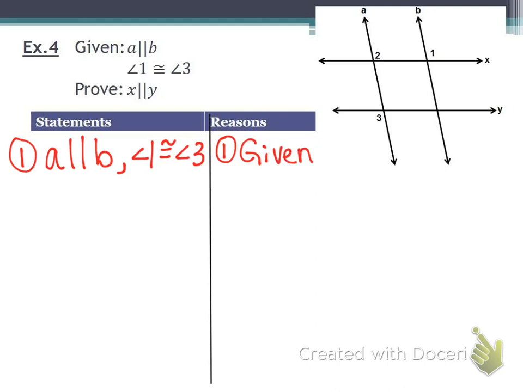If you want to mark your diagram with what they gave you, that might help. So if you want to put your triangles on A and B to show that those are parallel, if you want to mark that angles 1 and 3 are congruent, you could do that.